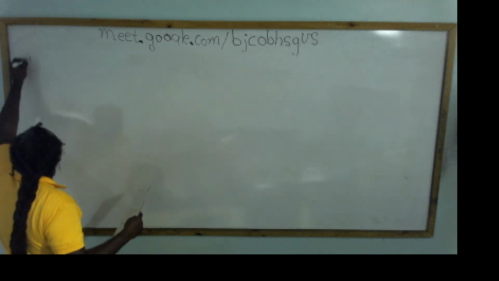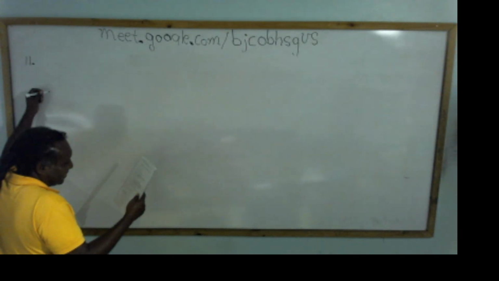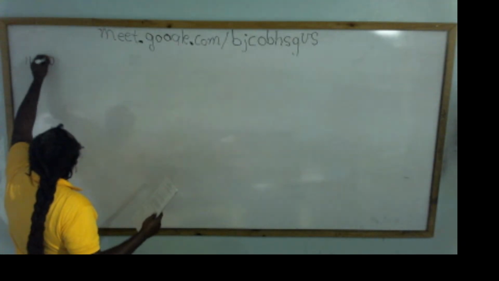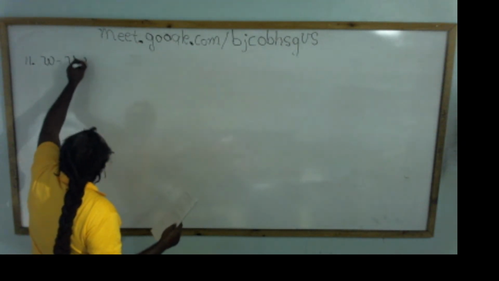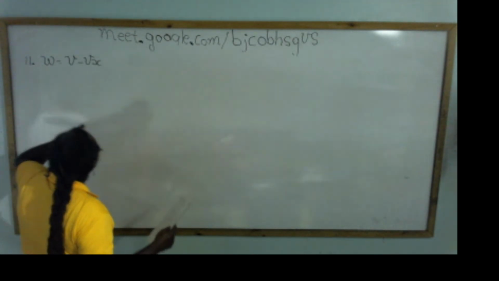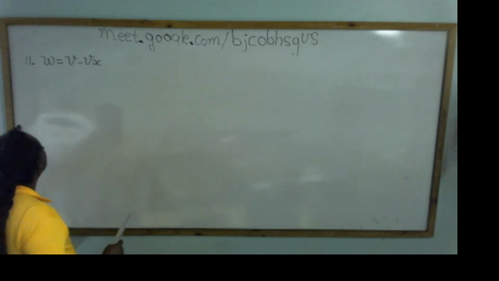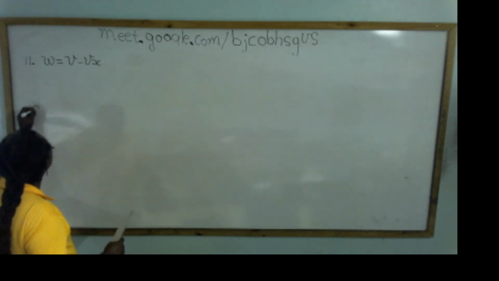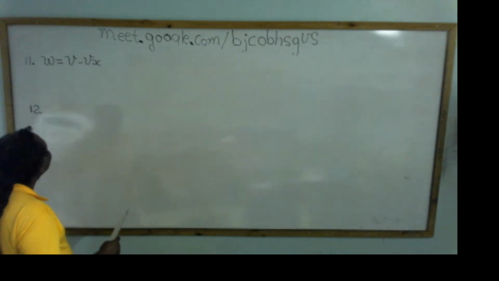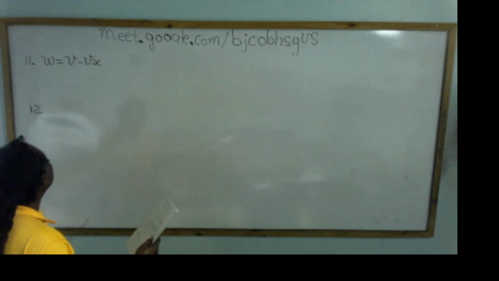Number 11. W is equal to U minus Vx. Number 12. Notice how close I am putting number 12 to it.